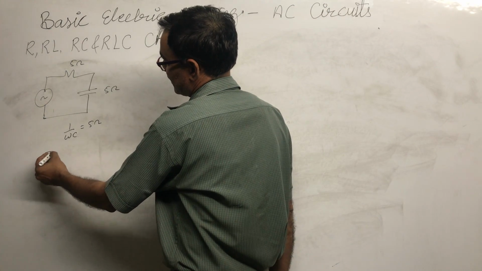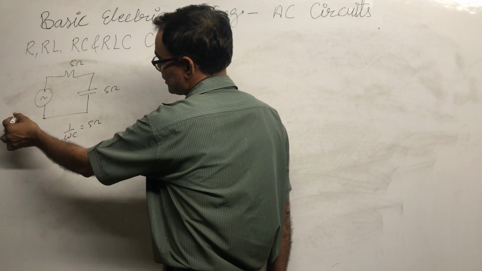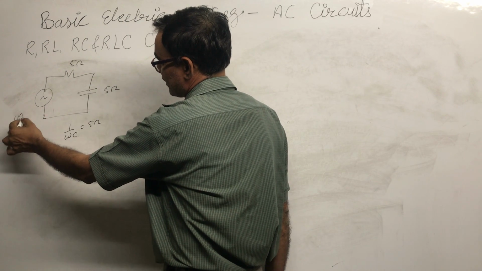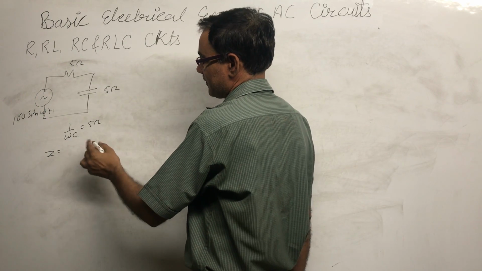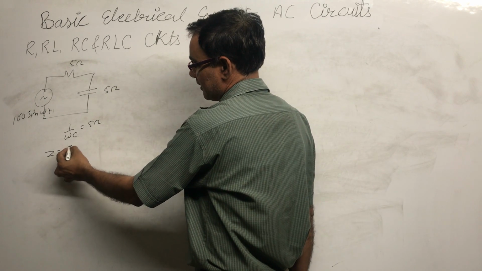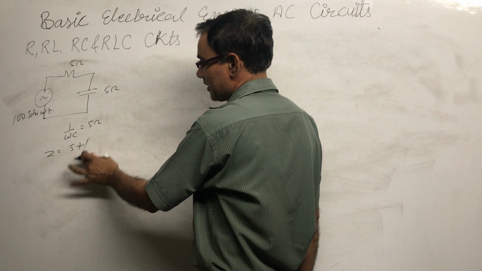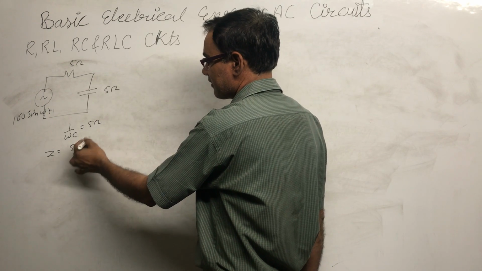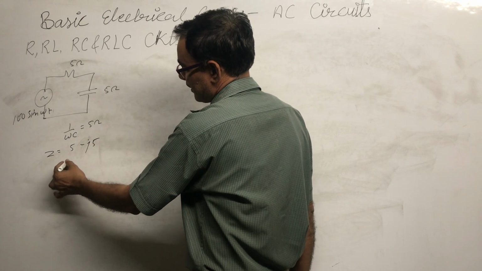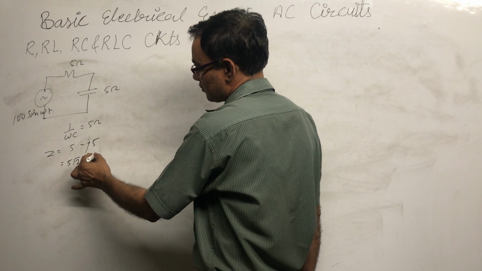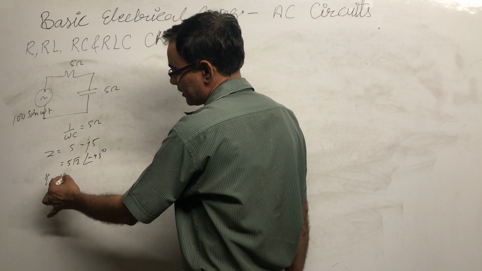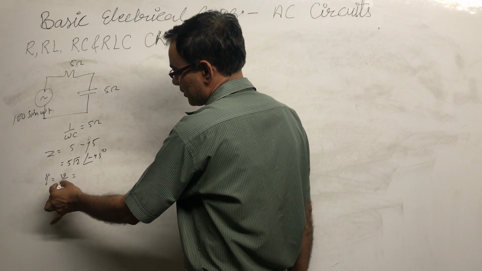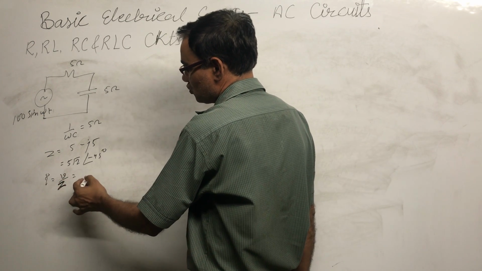So Z of this circuit is, and this voltage is given, suppose the voltage is 100 sine of omega t. So Z is 5 minus j5. So it is 5 root 2 and angle is minus 45 degree. So the current in this circuit is voltage upon impedance, this is Z, not 2.